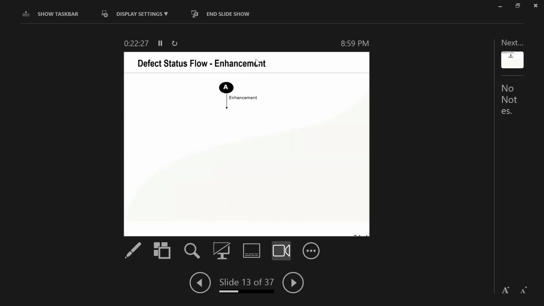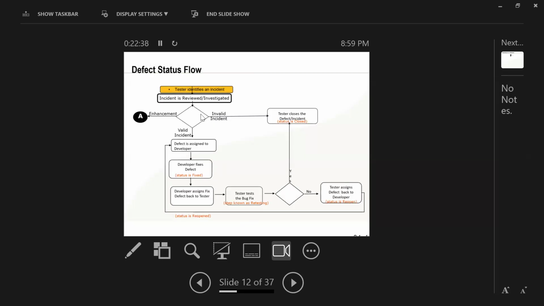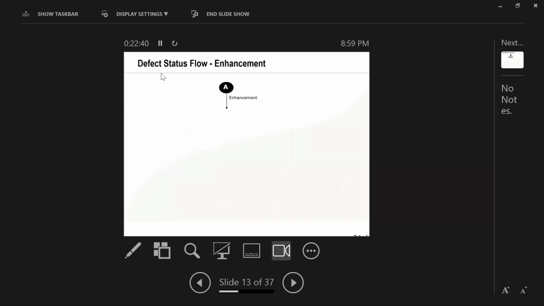Defect status flow for an enhancement. Once it is an enhancement, the business reviews it, and then it is either deferred or agreed to change. If it is deferred, they will defer it for now and enhance it in the future.